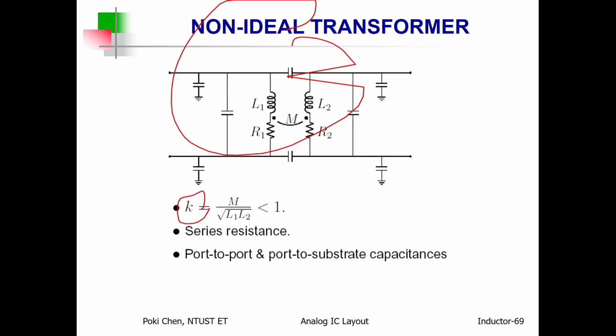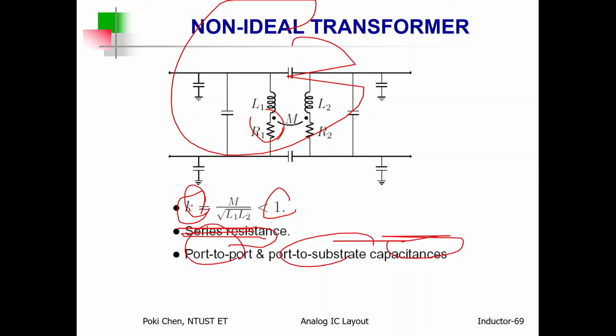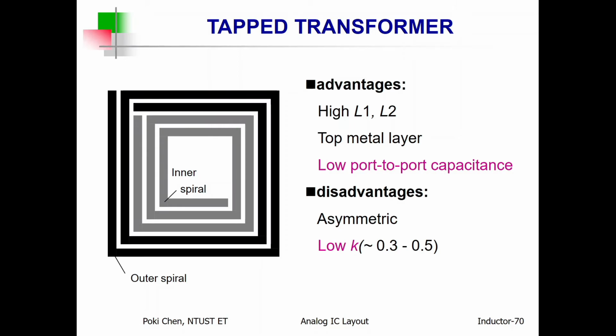Usually, because that is practical, the parameter k is less than 1. You need to pay attention to the serial resistance and also the port-to-port and port-to-substrate capacitance. Reducing the resistance and the capacitance will enhance the overall performance of the transformer.